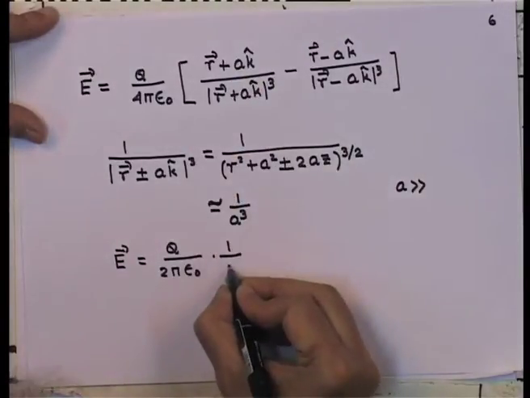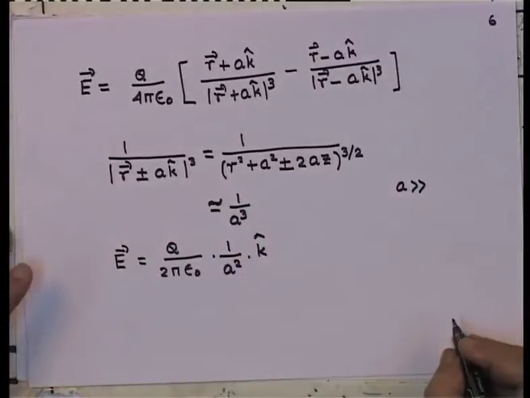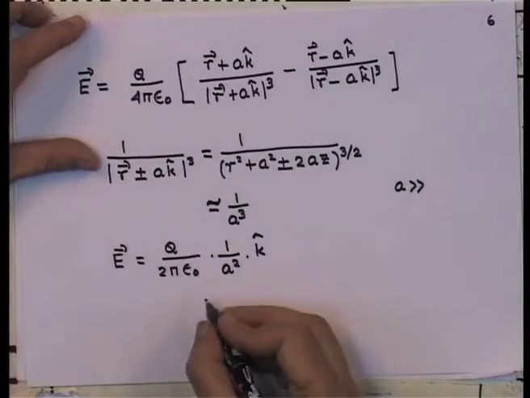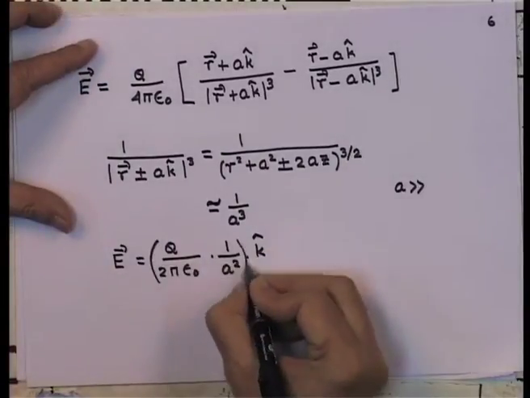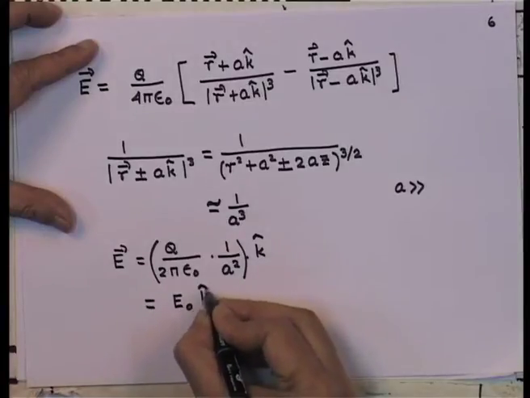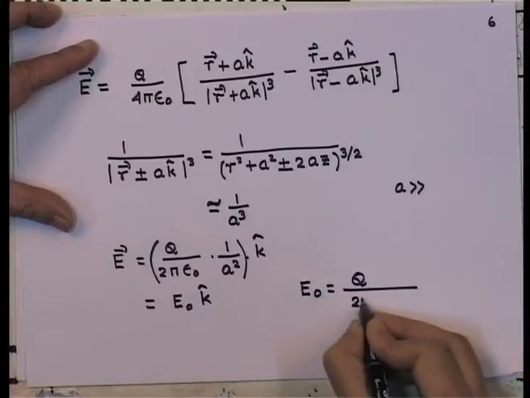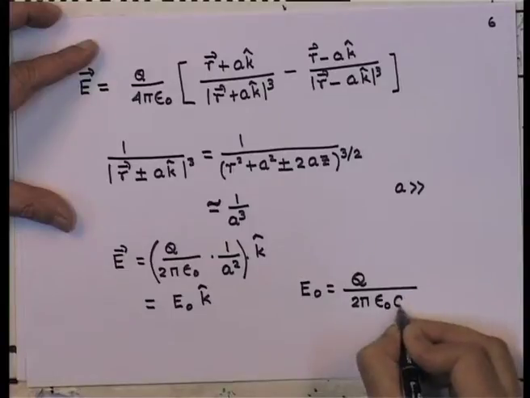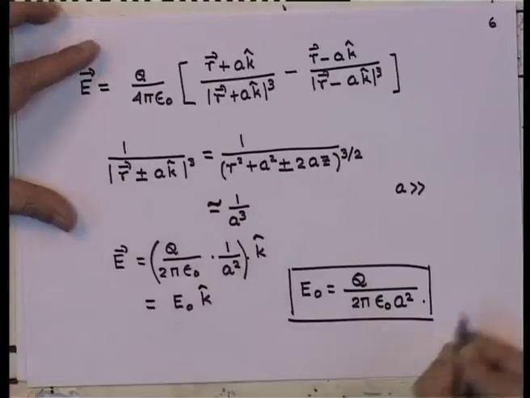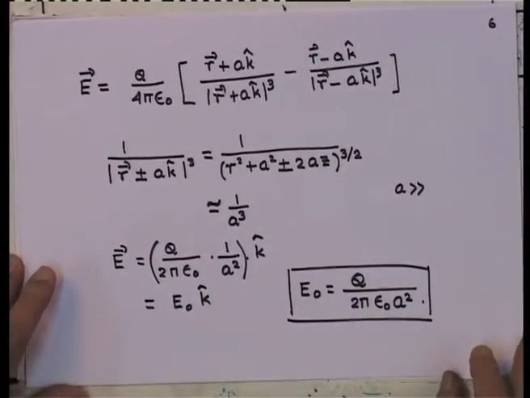So, 1 over a square times along the z direction, which tells me that this is equivalent to a constant electric field E 0 along the z direction, where E 0 is q divided by 2 pi epsilon 0 a square. Remember that I have kept these two charges at very large distances from the origin.